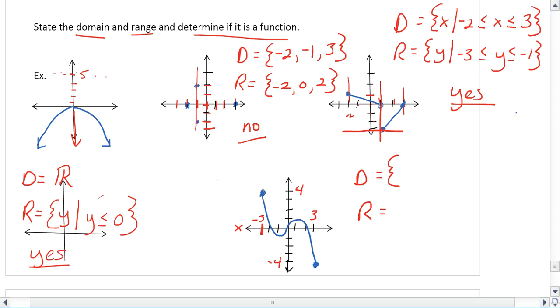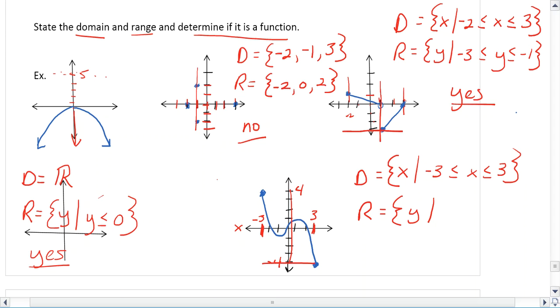The domain, there's the lower limit and there's the upper limit. So the domain is the set of all x such that -3 is less than or equal to x is less than or equal to 3. And then the range is the set of all y's such that, okay, switch your mind and start going up and down the y-axis.